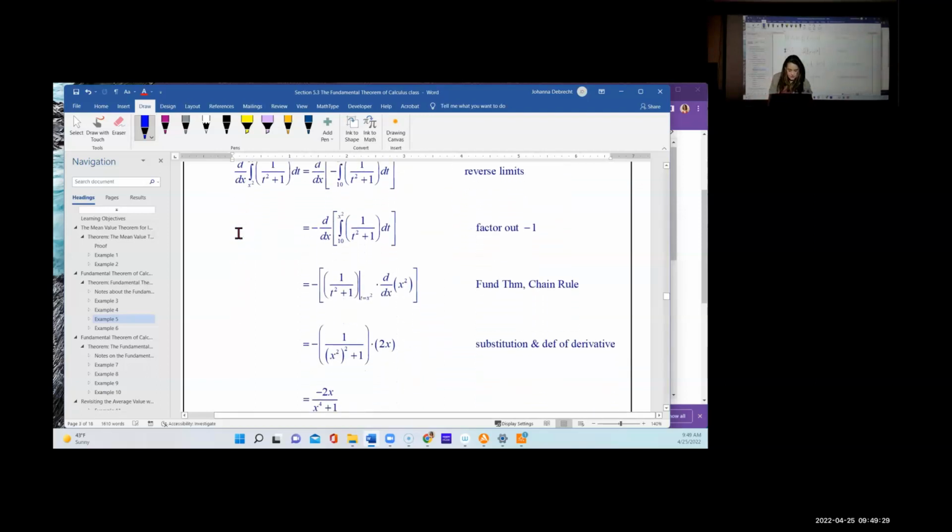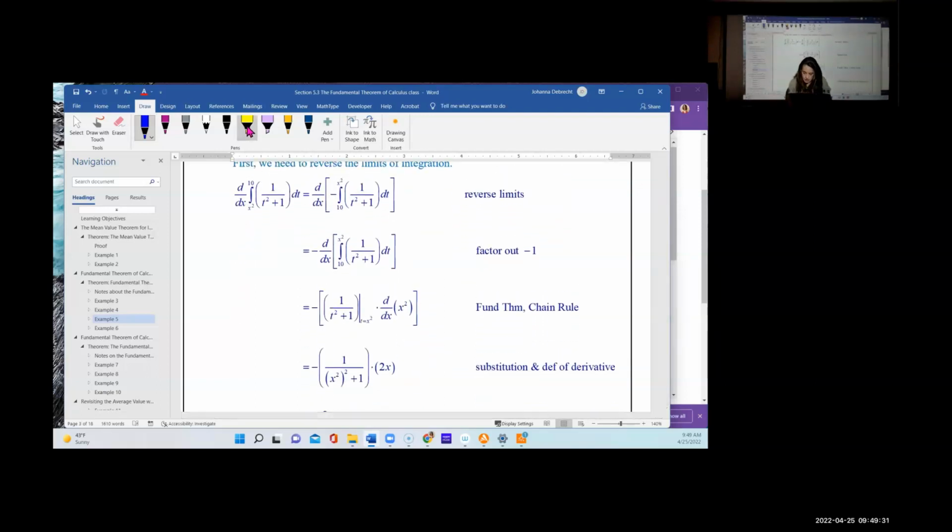Then we have, notice here, we've got the same variable in the upper limit of integration as we have in the differential of the derivative. So we can apply the fundamental theorem of calculus part 1. We're going to take the inside function, 1 over t squared plus 1, and we're going to substitute t equals x squared in place of t.